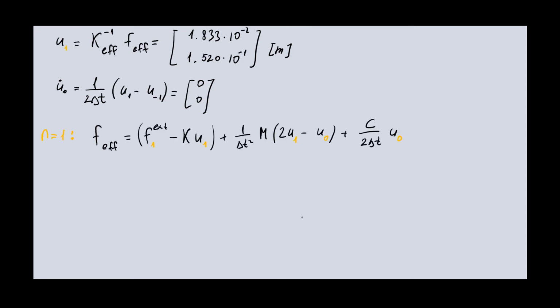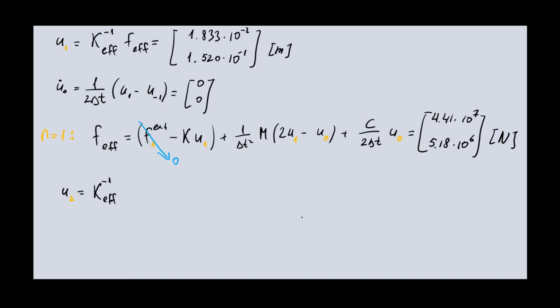Our external load is 0, and here we have to insert u1 and u0, and of course the matrices C, M, K, and after inserting them we obtain the following results, in newtons.